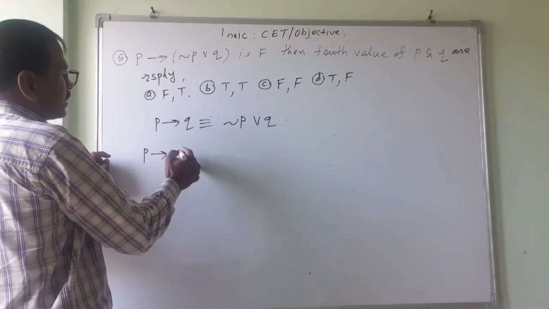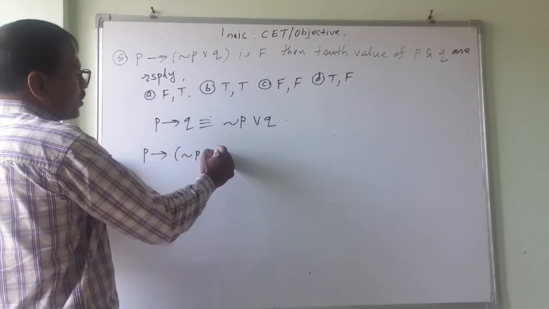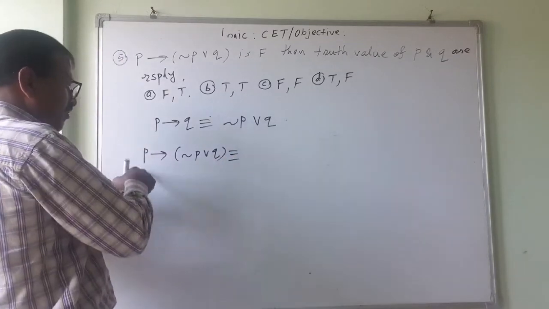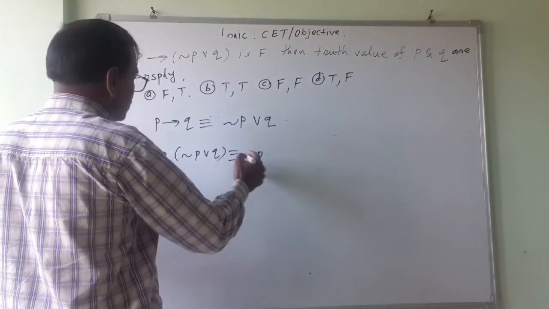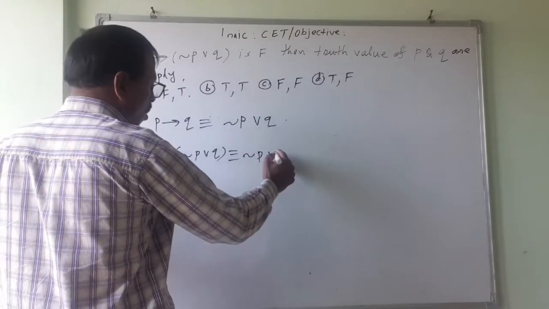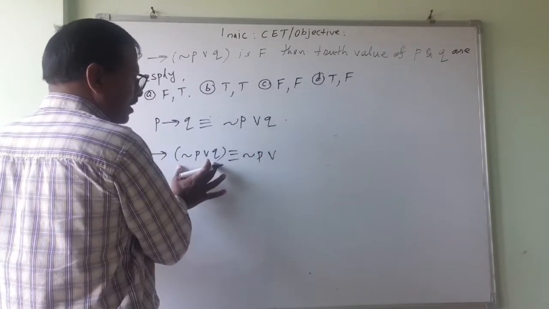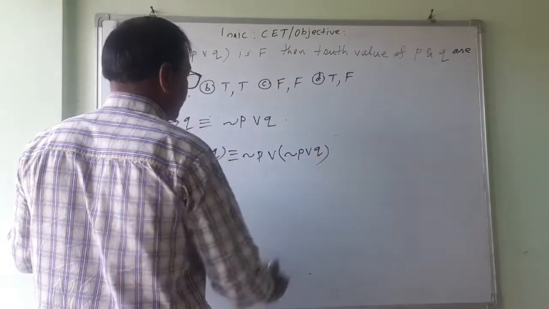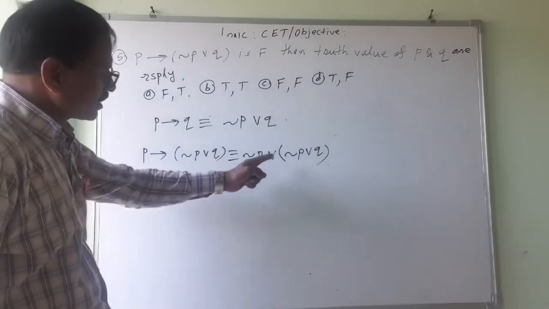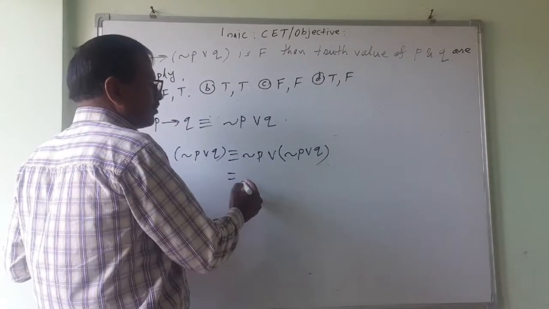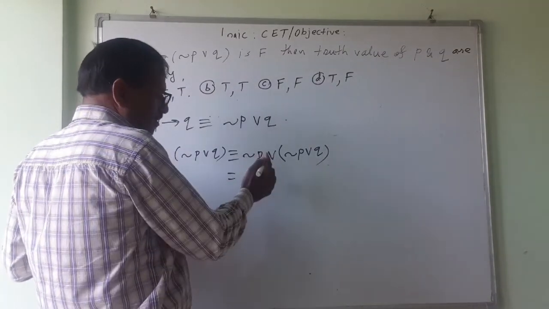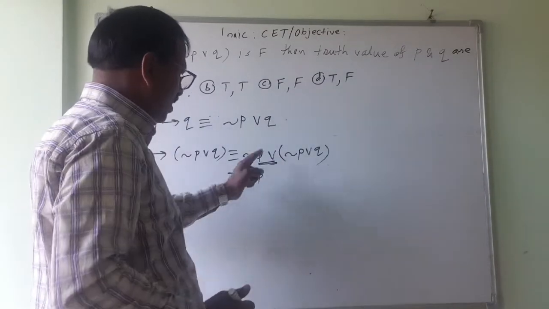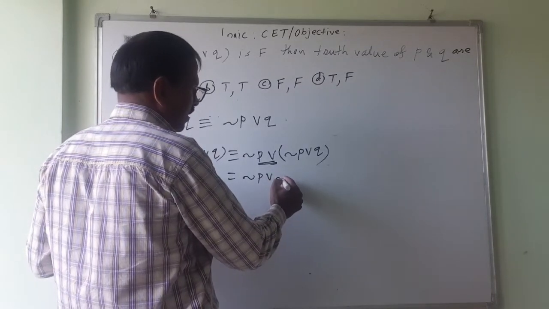P implies negation of P or Q is equivalent to negation of first. Negation of first means negation of P, or this will be as it is, negation P or Q. Now if I distribute this, that is equal to negation P with this is stuck.